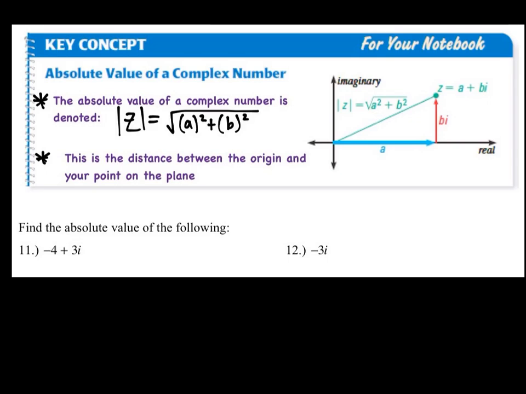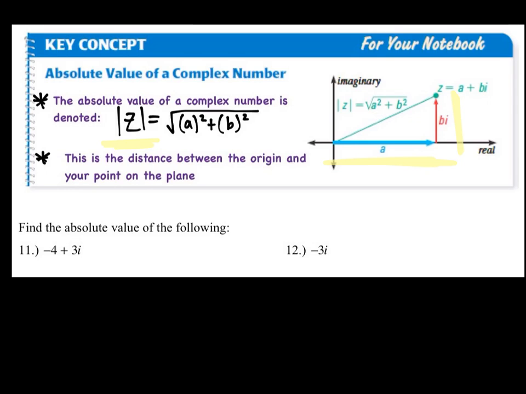So the absolute value of a complex number is given in this formula. We have our absolute value bars around z, that's our complex number. We find that by taking our a number squared plus our imaginary, or our b number squared, and then we take the square root of it.